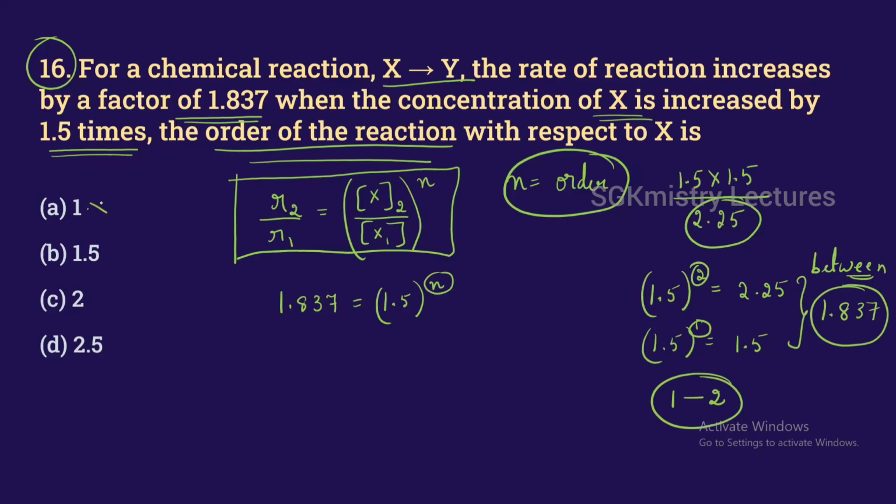See here. So, 1 cannot be the answer. 2 cannot be the answer. 2.5 cannot be the answer because it is above 2. So, of course, the answer is option B, that is 1.5. Okay. So, this is an easy trick to find out the answer. Instead of going for long calculations, just by approximation methods, you can find out the right answer.